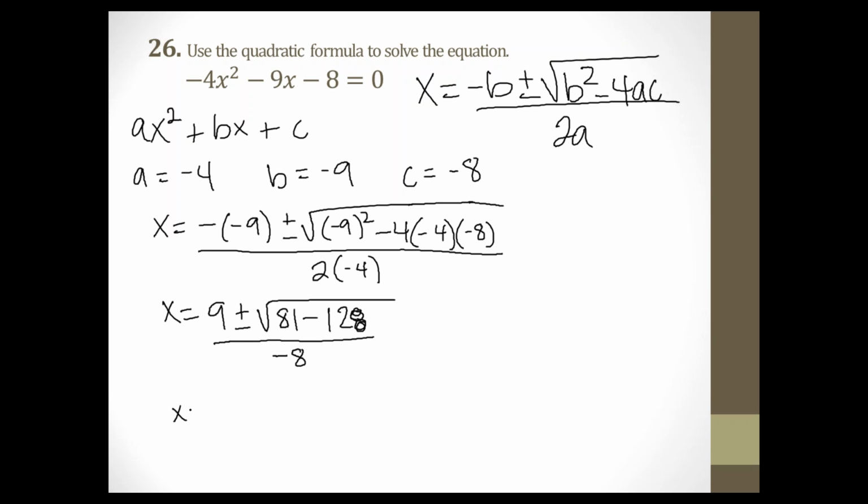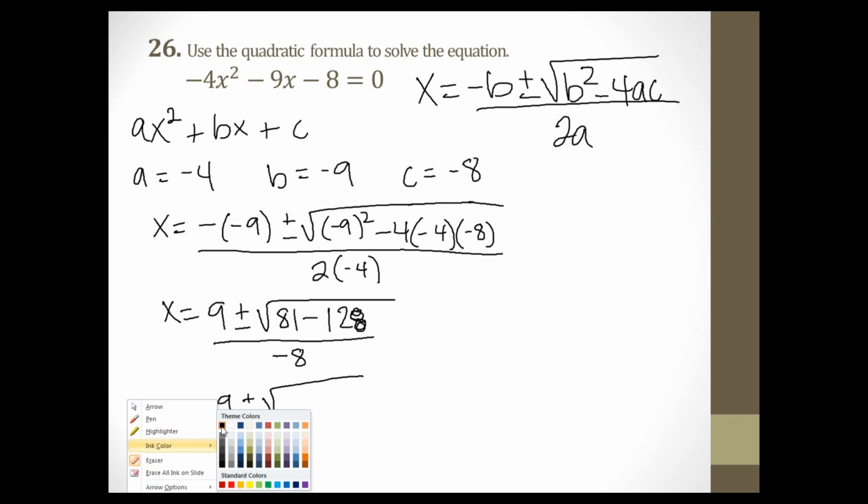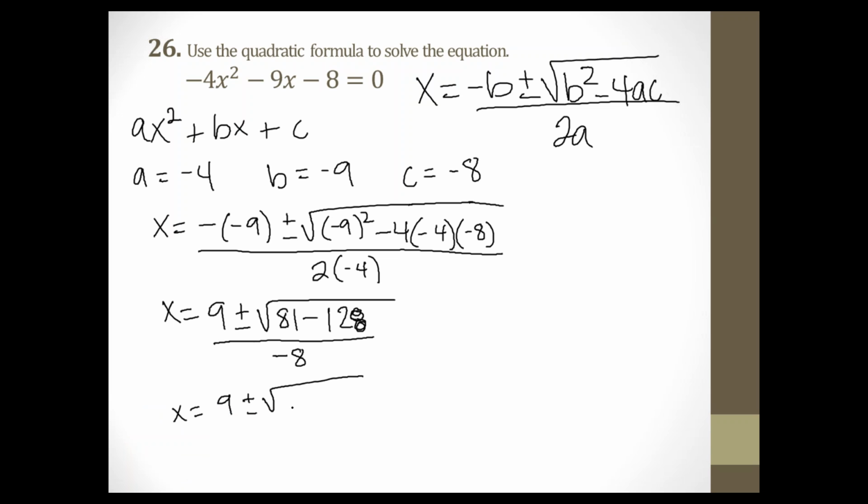So x equals 9 plus or minus the square root of, well, let me actually do 81 minus 128. That's negative 47. So let me erase that. Okay, so that's 81 minus 128, which is negative 47, divided by negative 8.